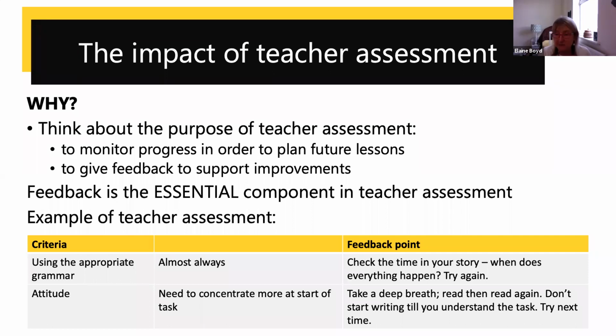And again, we've got examples of this in the back, if you want to look at more examples. Or if the criterion is attitude, notice the feedback is not "you didn't concentrate", it's "you need to concentrate more at the start of the task." And then you give them some advice to help them the next time they do it, and you can check that they're doing this.